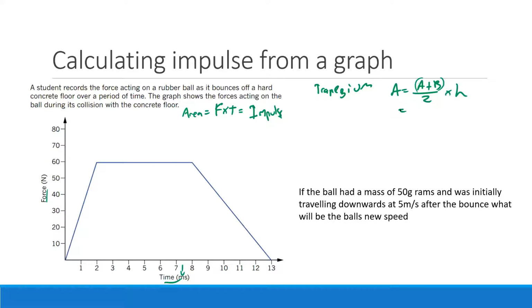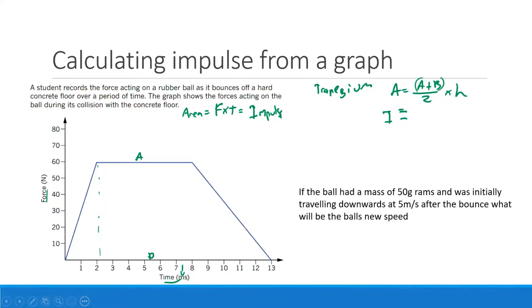In this case, the impulse is going to be the area. So we've got A, B, and the height is this one here. The easy way is to break this down into 2 triangles and a rectangle and then deal with that, but we're just going to deal with it all at once.